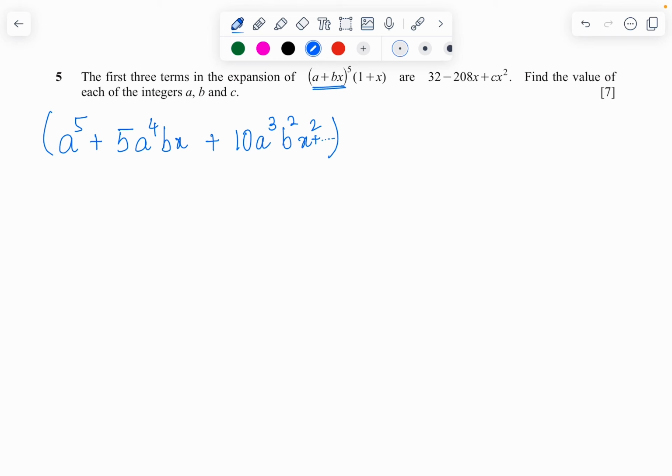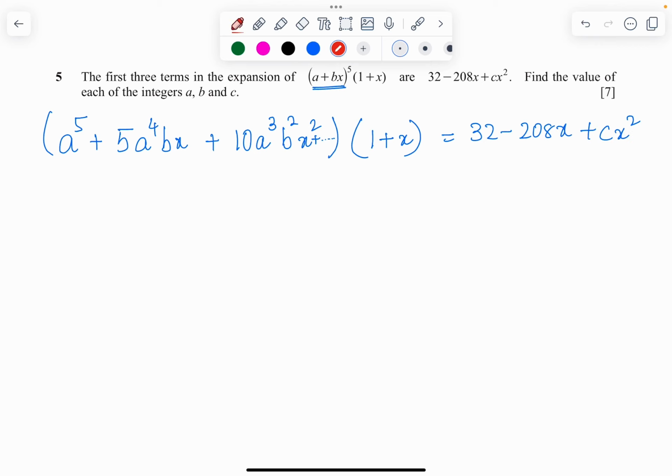We have more terms, but I'm not going to expand because we need only 3 terms, times (1 + x), which must be equal to 32 - 208x + cx^2.